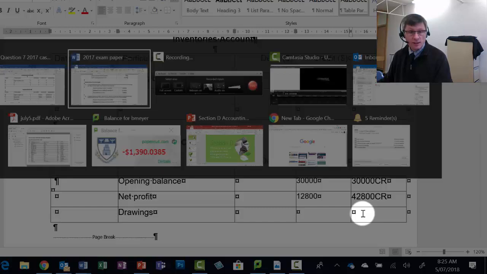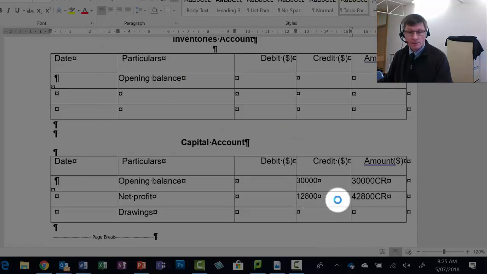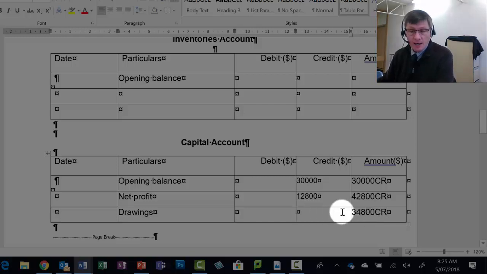Let's check what the final balance is. The final balance, they've said, is 34.8. I'm going to put that in here, so we know that the final balance is $34,800. So you've got to ask yourself what debit, right, because it actually went down.